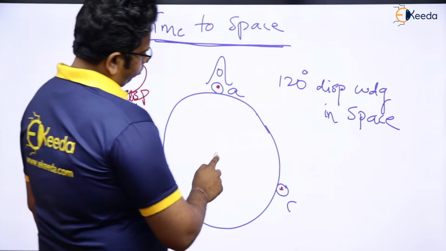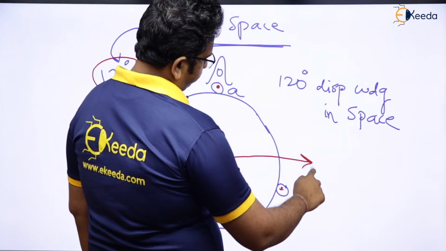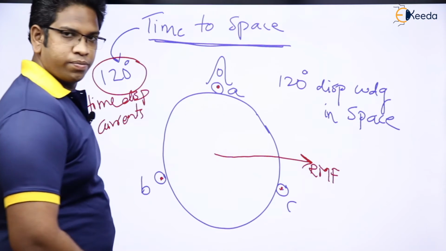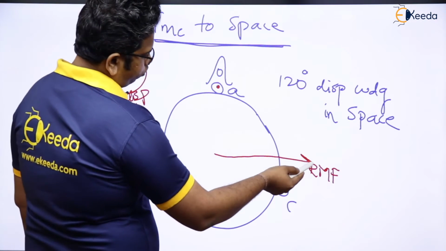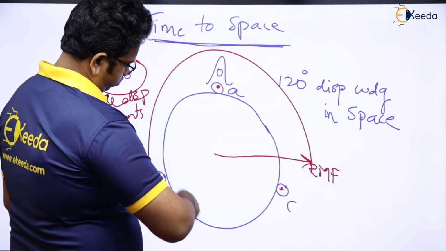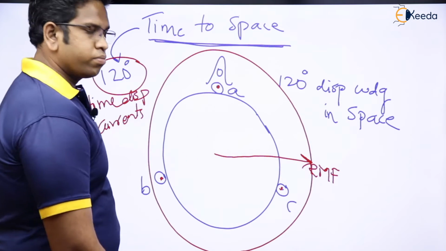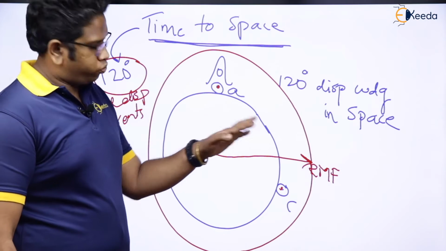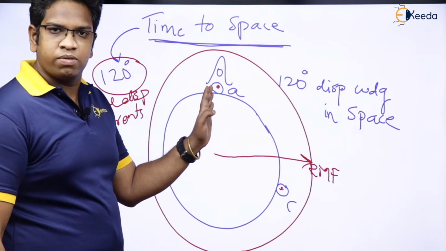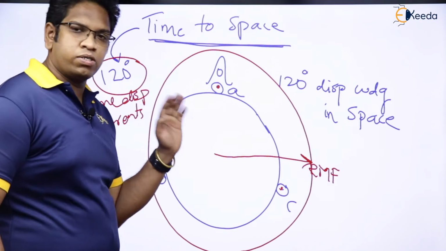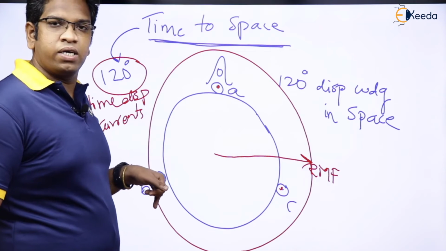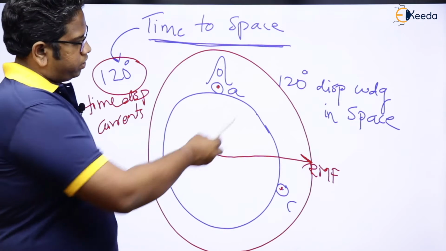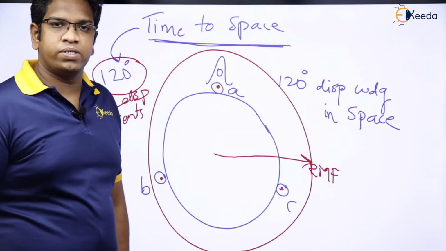I am going to get one rotating magnetic field like this, right? And this RMF will rotate in this way, because see here, at first A maximum will come, so it will align with A maximum. After 120 degrees, B maximum will come, so it will align here. After 120 degrees, C maximum will come, so it will align here. So basically it is going to rotate in this particular fashion.